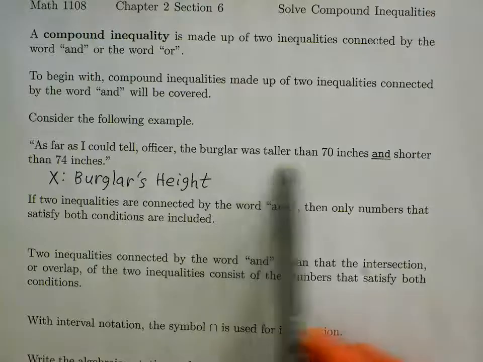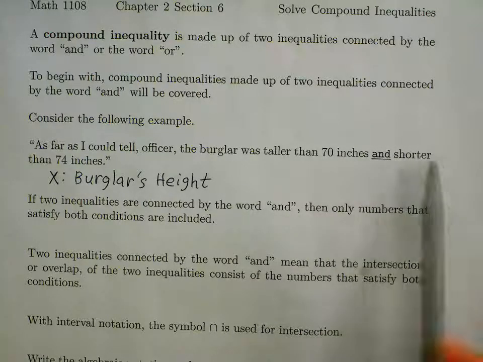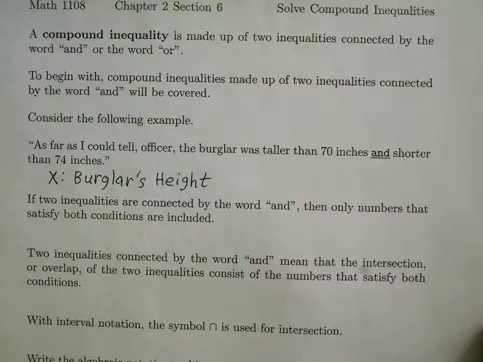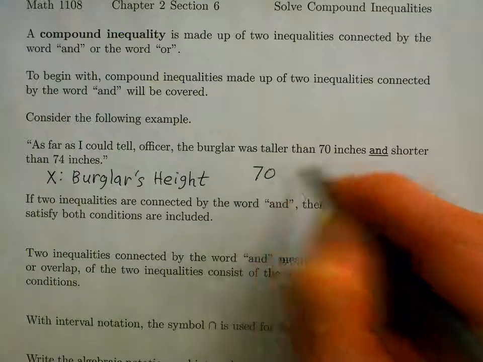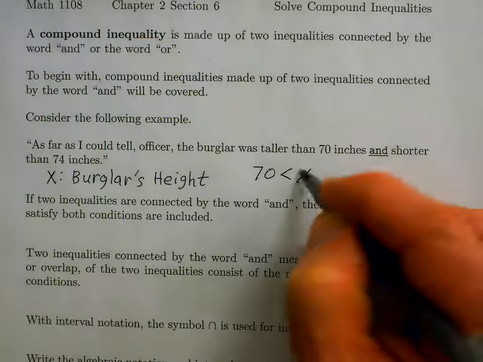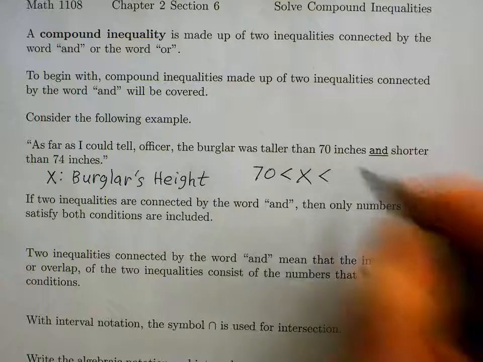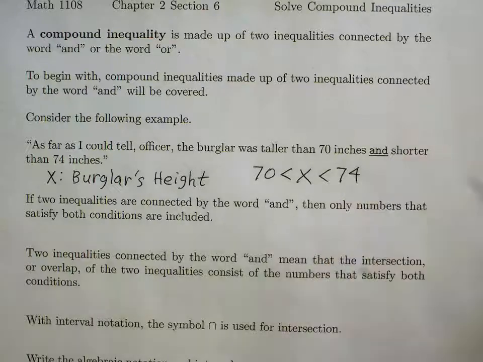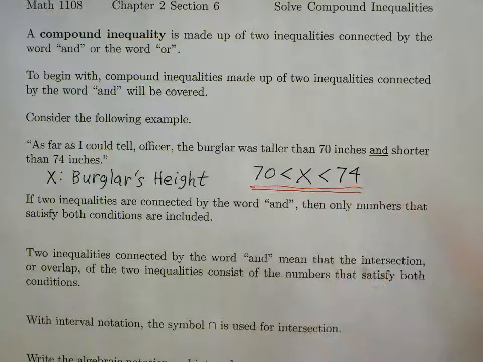The burglar was taller than 70 inches and shorter than 74 inches, so we could write 70 is less than x, and at the same time, x is less than 74. This is the more compact way to write it, which is what we want to do.